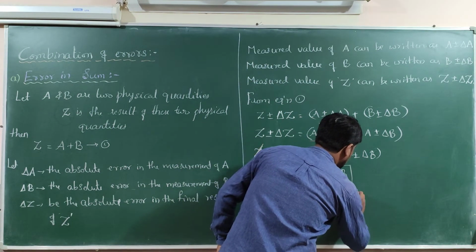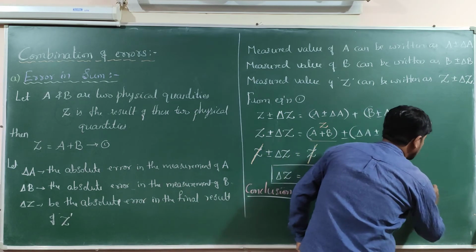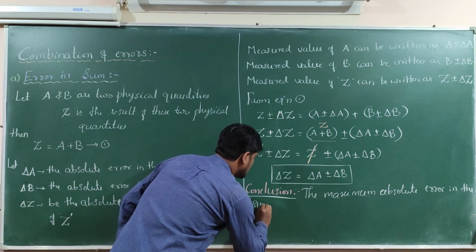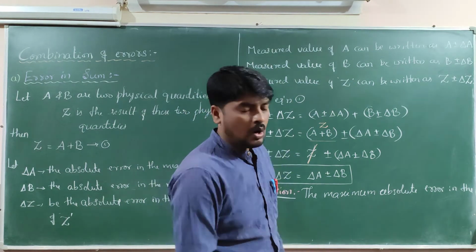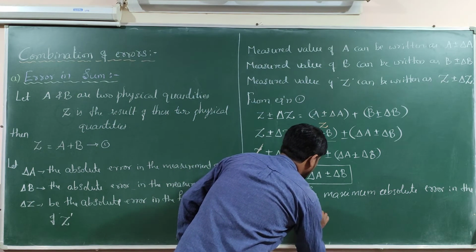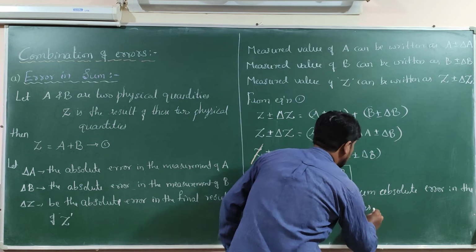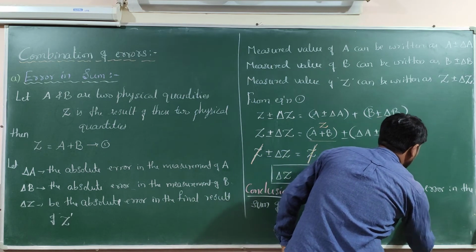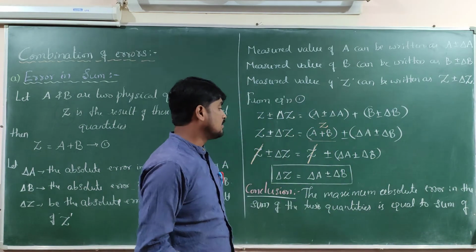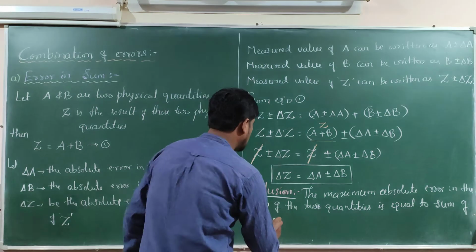the maximum absolute error in the sum of the two quantities is equal to the sum of two absolute errors.